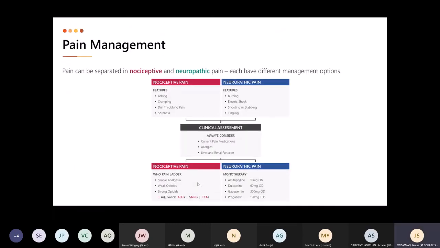Okay, so pain management very quickly. And again, you guys can just use this in your own time for learning, but you separate it into nociceptive and neuropathic pain. So nociceptive pain, all the things that you guys do when you accidentally stab yourself or stab your foot on the end of the bed or punch each other in the face or whatever it is, right?